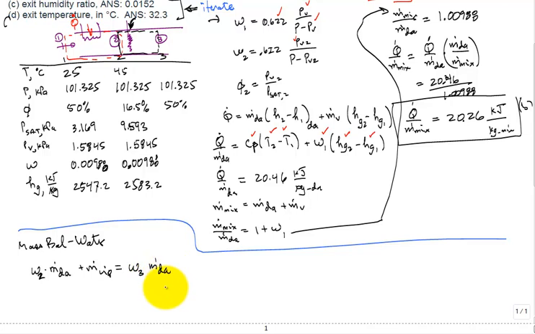Those are our flows in, equal to our flow rate out. So we can manipulate this to get that the mass flow rate of the liquid divided by the mass flow rate of the dry air is simply omega 3 minus omega 2, the difference in the humidity ratios. All right.